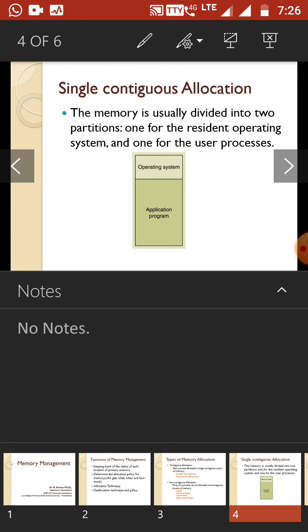The entire user memory area, given in green color, is treated as a single contiguous memory block. The entire block is allocated for one user program, so at a time only one user program may be executed. This is the principle of single contiguous allocation.